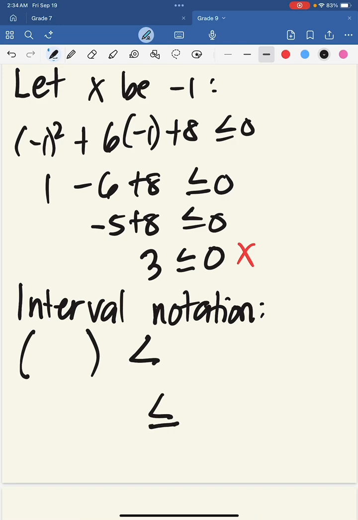So since we have an equal to here, and also the negative 4 and negative 2 both satisfy the given quadratic inequality, we're going to use brackets. Open and close brackets. Again, this only applies to having the equality symbol here. But if it's only limited to the less than or greater than symbols, then we should use only the parentheses.